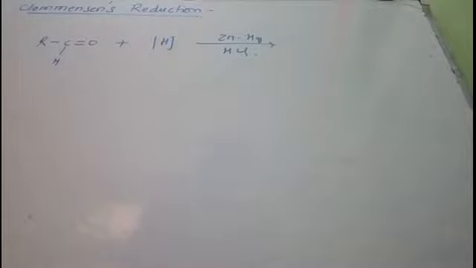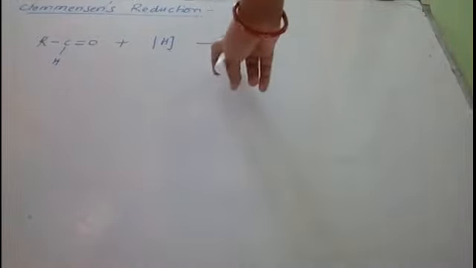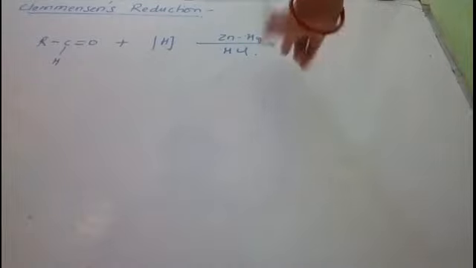Amalgam is an alloy of metal with mercury. Any metal combined with mercury forms an amalgam. So this reduction is done in the presence of zinc amalgam and hydrochloric acid.